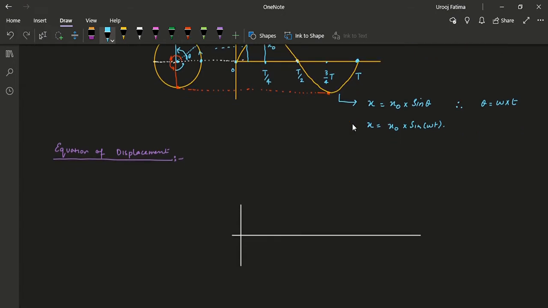Now you realize that if you have a displacement x and you're plotting it against time t, it will give you a sine curve like this, just like a wave, and one complete oscillation will show you one wave here. And we've learned that the equation that it portrays is x equals x0 sine of omega t.